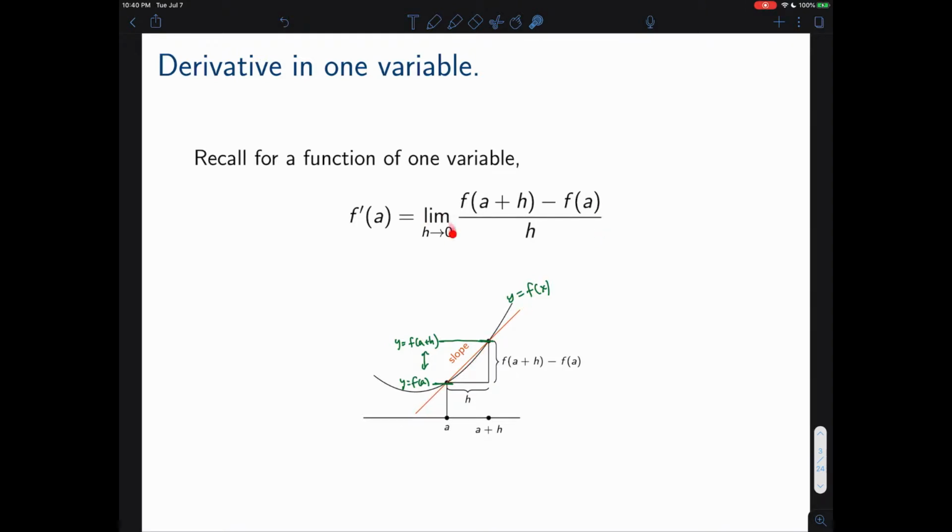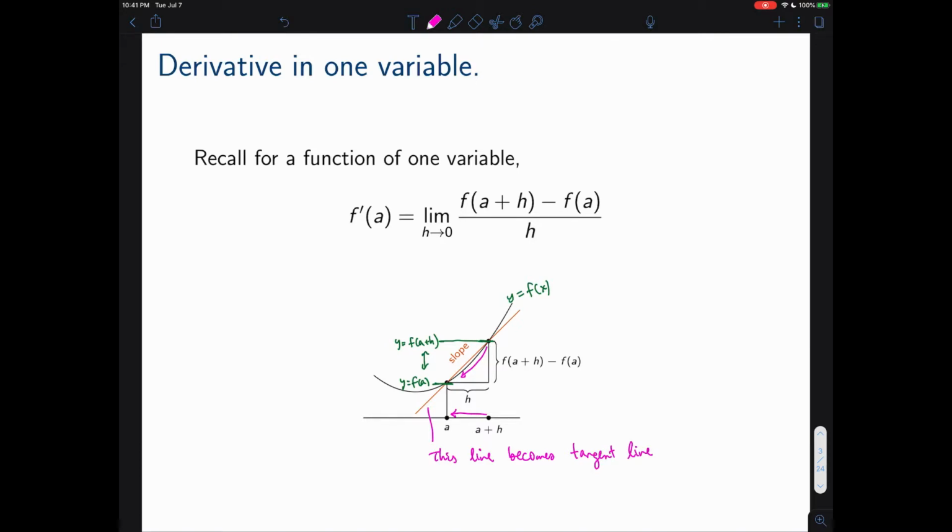And then when we take the limit as h goes to 0, that means that we're sliding these points together. And so our points on the graph are going to come together. And this orange line that's drawn through those 2 points is going to become a tangent line. This line becomes a tangent line.